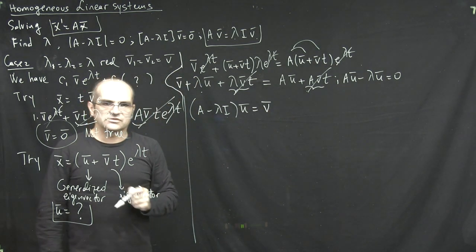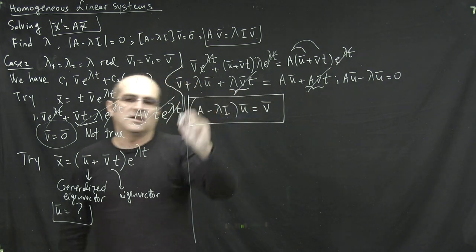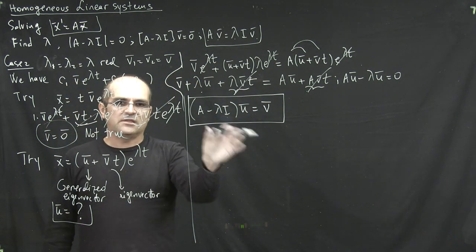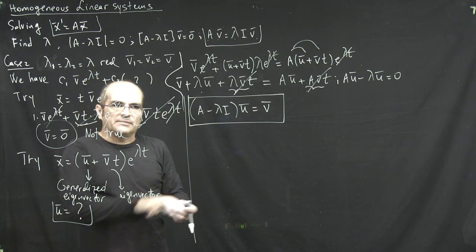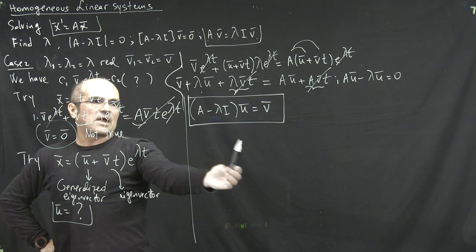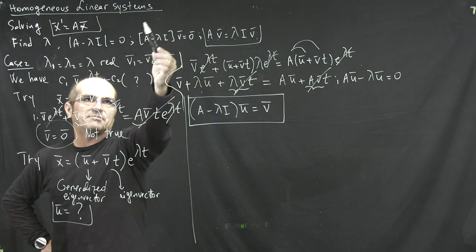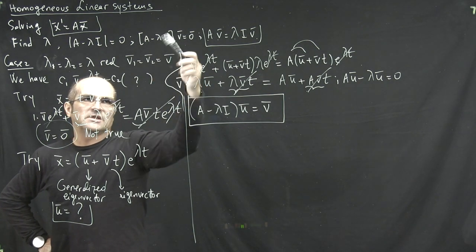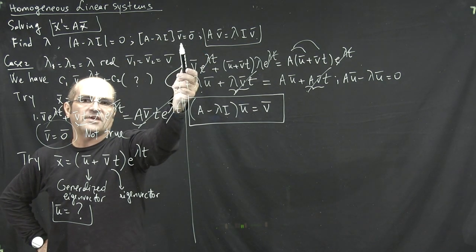So that's basically the key thing, and it will make much more sense, of course, when we go over an example, but this is the equation that gives you the so-called generalized eigenvector. Because if you look carefully, the way to find u bar is by setting up the same system that gave you v bar. So let's rewind the whole process here. You find lambda, you find the eigenvector by setting up this system.